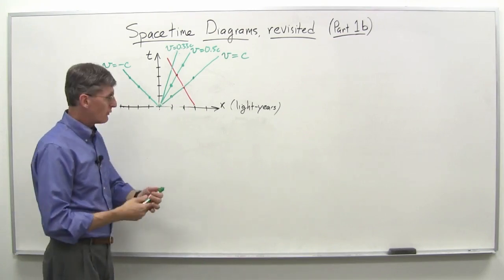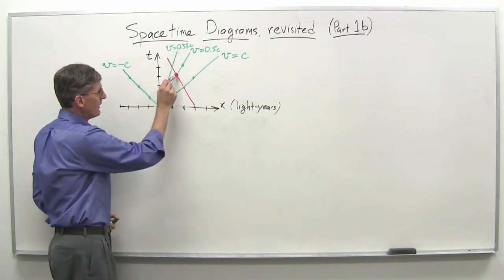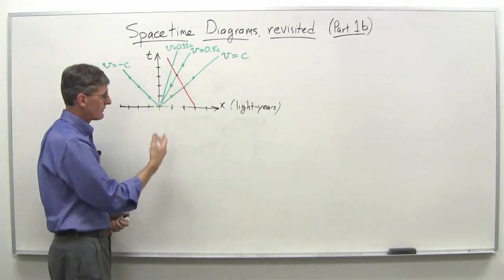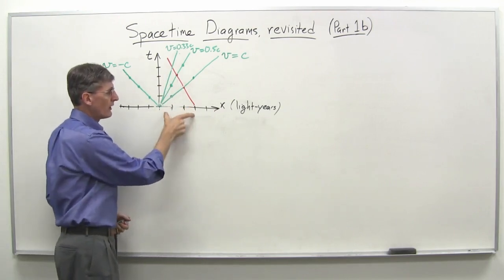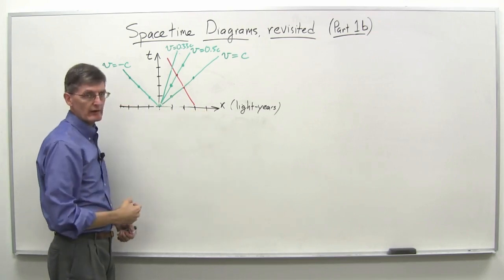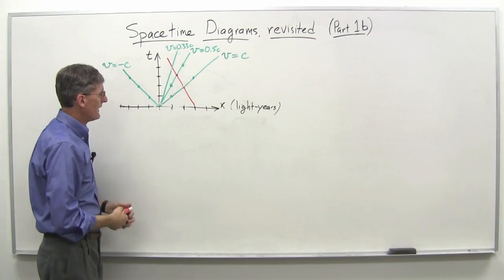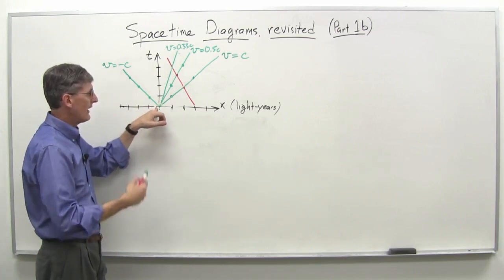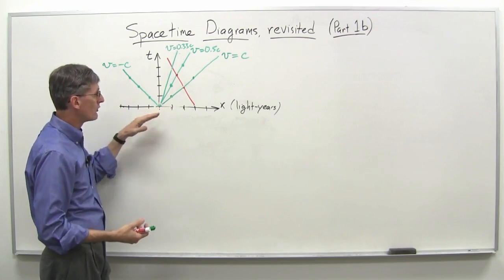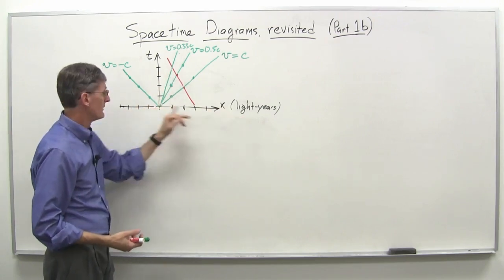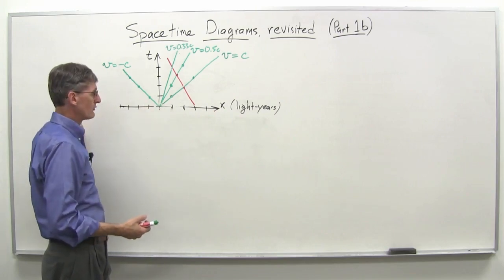Key point here, though, that I want to point out is look where these intersection points are. Essentially, this is an object that at x equals 0 starts out at 3 light years and then starts moving toward the left in the negative x direction. And if these green lines represent various things that at t equals 0 started off from the origin, in this case, all 3 of these started in the x direction. This one started in the negative x direction.